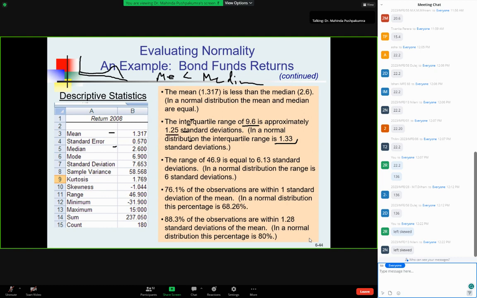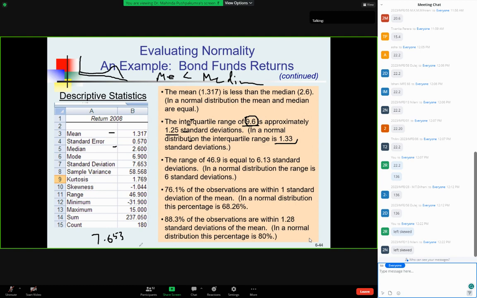Interquartile range is not given here, nor minimum and maximum. Let's say it is 9.6. Then why do we say that it is 1.25 standard deviation? The standard deviation is given here, 7.653.